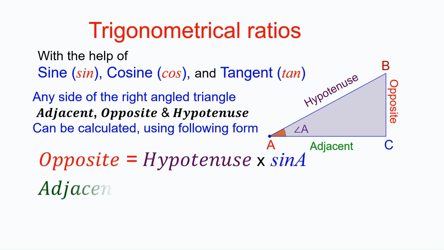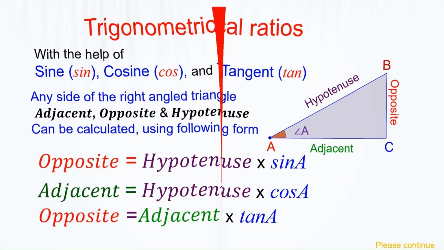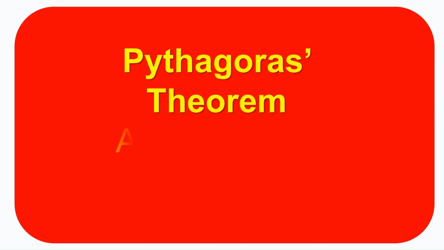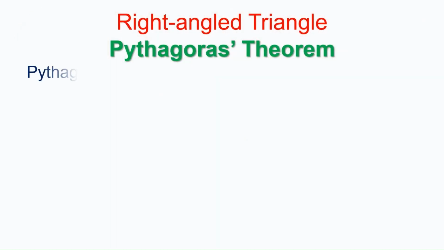Opposite equals hypotenuse multiplied by sine of A. Adjacent equals hypotenuse multiplied by cosine of A. Opposite equals adjacent multiplied by tangent of A. We will also recollect some of the trigonometric identities, starting from Pythagorean identities.